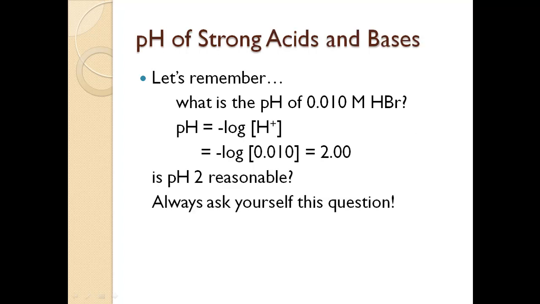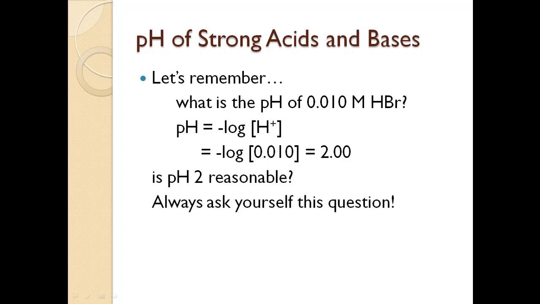This is something we've talked about already, the pH of acids and bases, but let's remember. What would be the pH of 0.010 molar hydrobromic acid? You would take the negative log of H plus, so the negative log of 0.010, and you put that into your calculator, you should get 2.